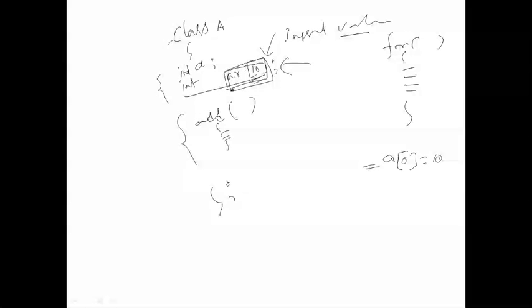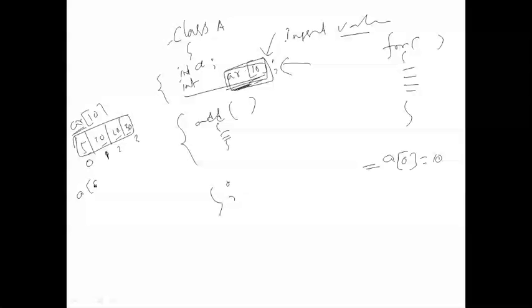So an array is nothing but a collection of similar type of data. Suppose the array AR is an integer array. This array AR will be holding information like 5, 10, 20, 30, any integers based on the user requirement, and these will be the locations.